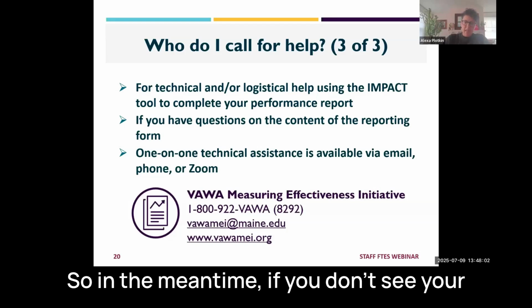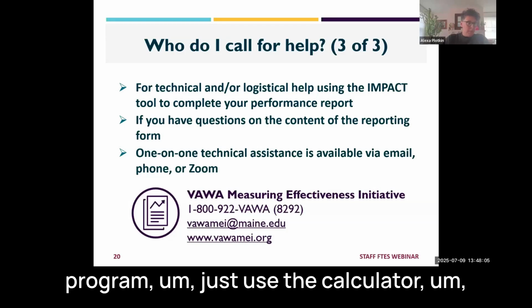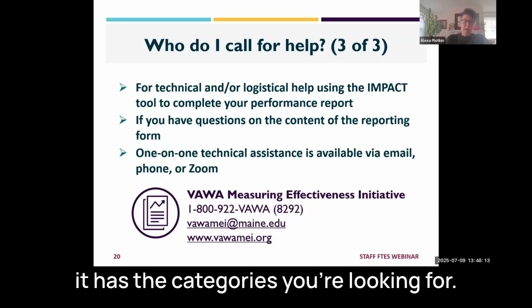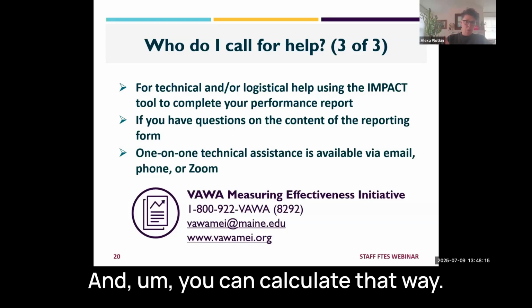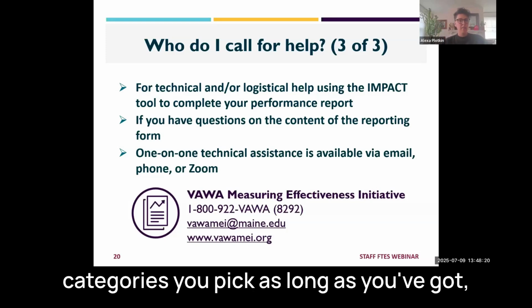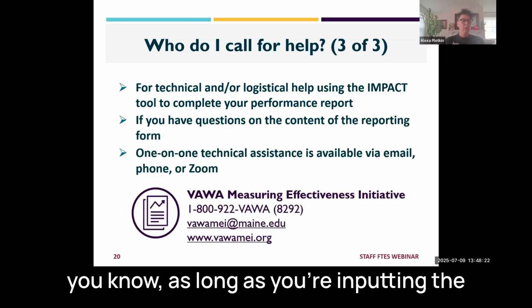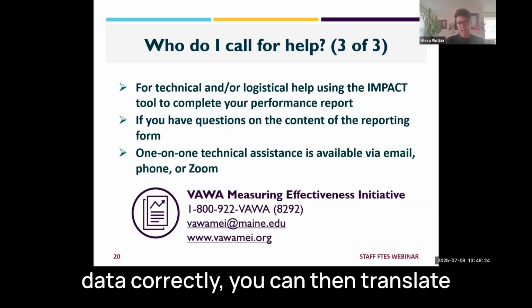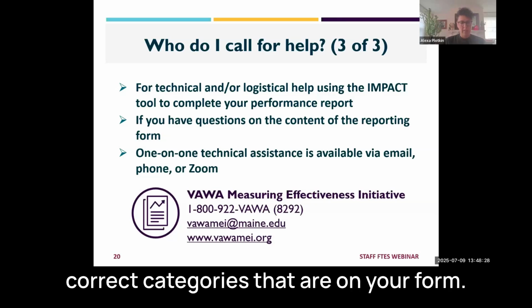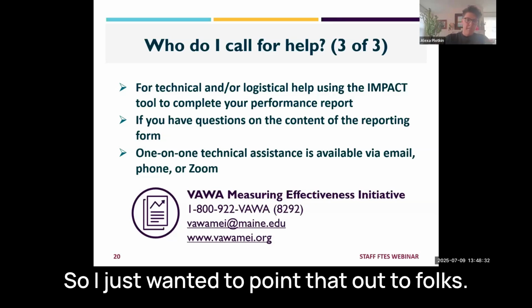So in the meantime, if you don't see your program, just use the calculator, pick a random program and see if it has the categories you're looking for, and you can calculate that way. It doesn't really matter the categories you pick as long as you're inputting the data correctly, you can then translate that data into the impact tool into the correct categories that are on your form. So I just wanted to point that out to folks.